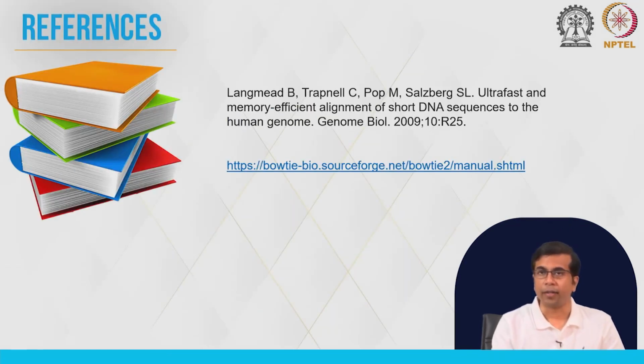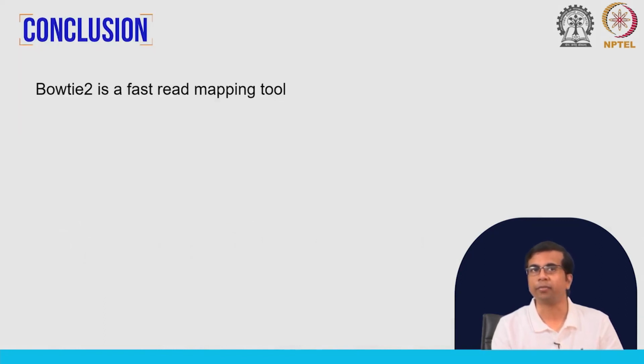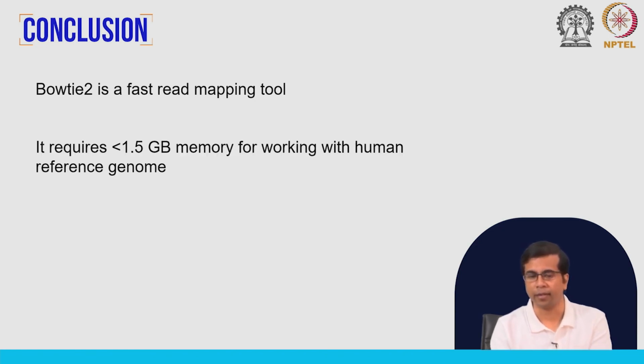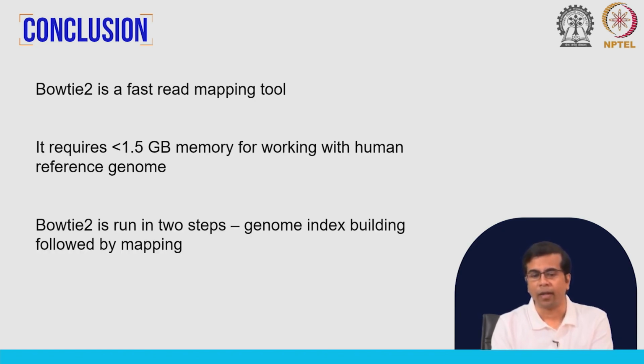All right. So, here are the references for this class, and to summarize what we have seen: Bowtie2 is a very fast read mapping tool, and it requires less than 1.5 GB memory for working with the human reference genome. Bowtie2 is run in 2 steps: first the genome index building step, and then the actual mapping part.